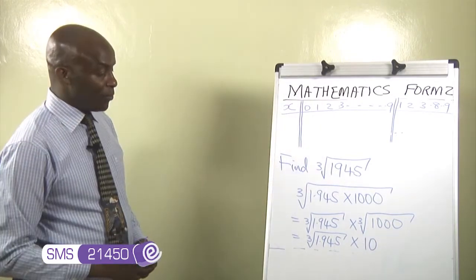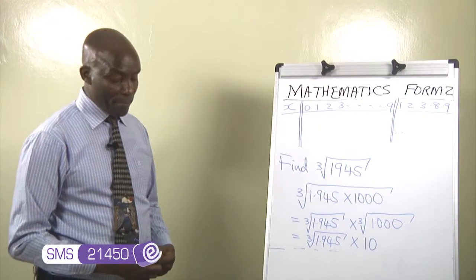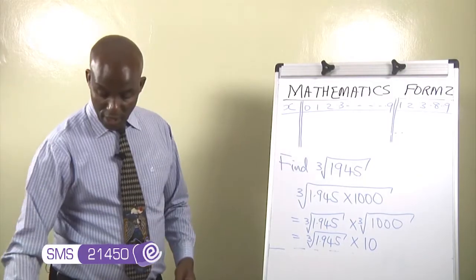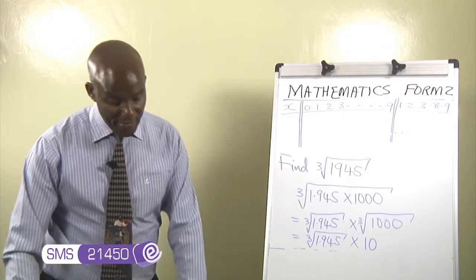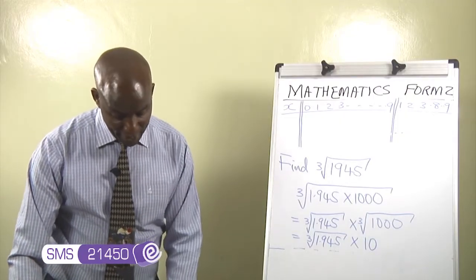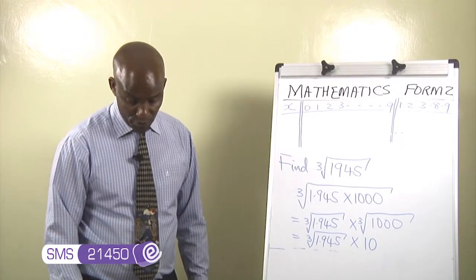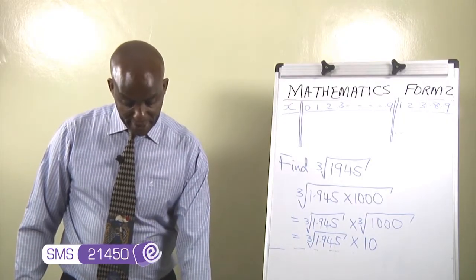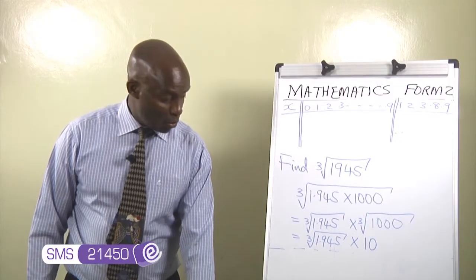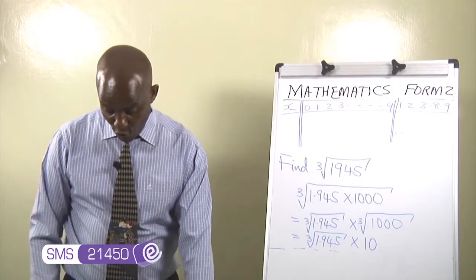So from there, we now use our method of getting the cube root using the cube tables. Just as we had said in a previous example, go to the cube tables and look for the number that is just below 1.945.